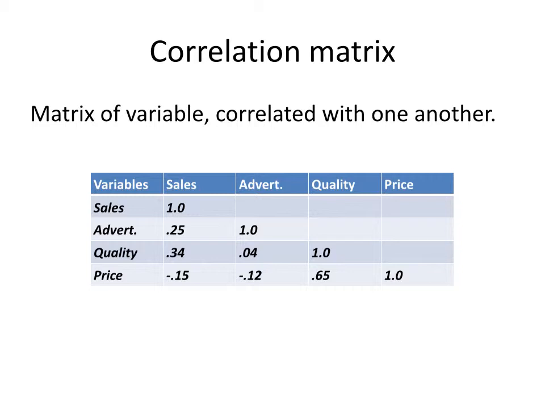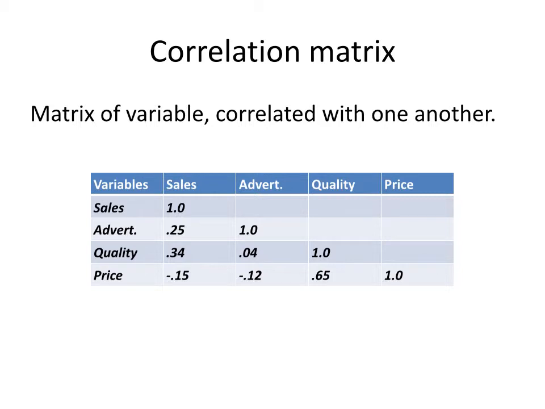This is a measure of perceived product quality relative to competing brands, and looking at price. And again, this is price relative to other brands. You'll see that you've got the same variables in the rows as in the columns, and therefore the diagonal values are 1.0, representing the perfect correlation of sales with sales and advertising with advertising.